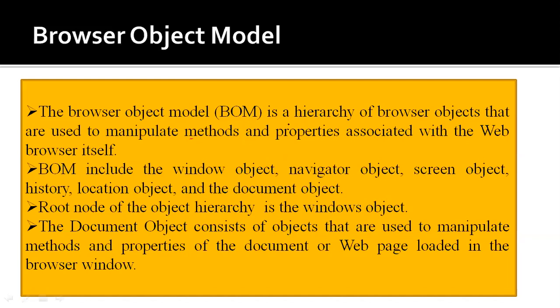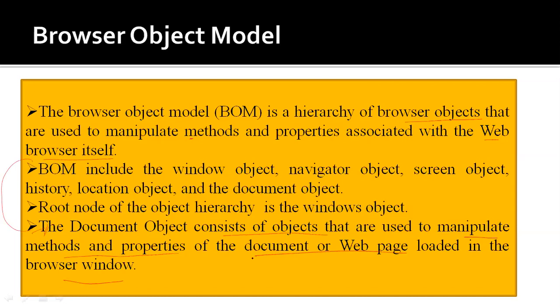Here, the browser object model is a hierarchy of browser objects that are used to manipulate methods and properties associated with the web browser itself, whereas the document object model consists of objects that are used to manipulate methods and properties of the document or web page loaded in the browser window.